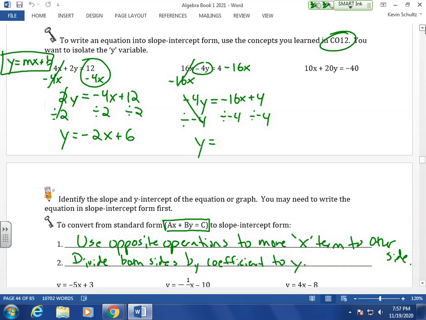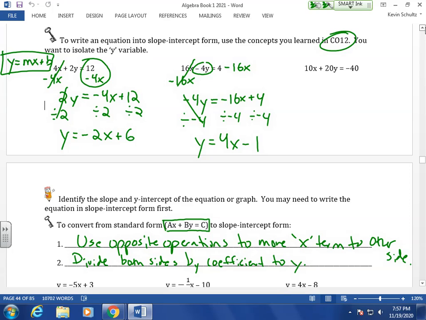On the right side, negative 16 divided by negative 4 is positive 4x. And then positive 4 divided by negative 4 is a negative 1. So you see this connection back to CO12 here, right? We're taking an equation and we're solving for y, not getting an actual single number answer, but an expression. And we're just getting y by itself.